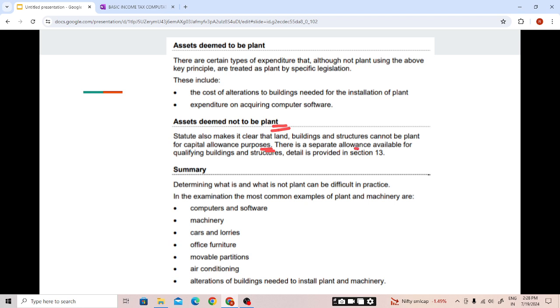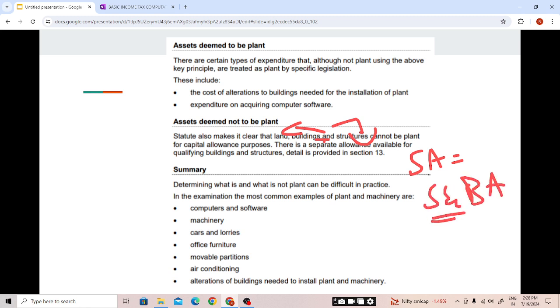There is a separate allowance available for qualifying buildings and structures. Detail we will be studying further. So students, buildings, land and structures are not plant, but these will qualify for a separate allowance known as structures and buildings allowance. I hope this is clear.